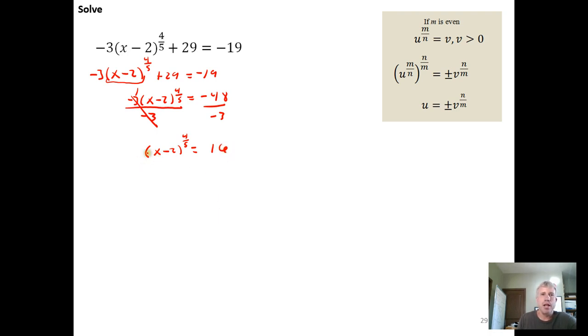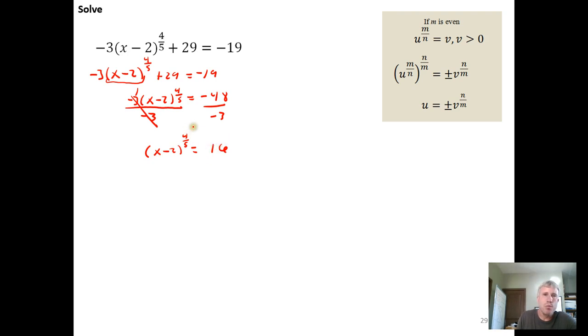Once we get our algebraic expression that's being raised to the rational exponent isolated, we want to look at the numerator carefully and ask, is it odd or is it even? Because it's an even exponent in the numerator, we know that not only will positive numbers raised to an even exponent give us positive results, but negative numbers raised to an even exponent will give us positive numbers as a result.